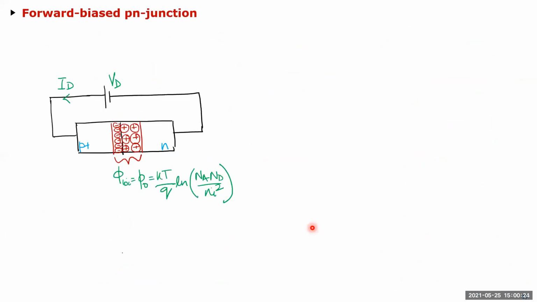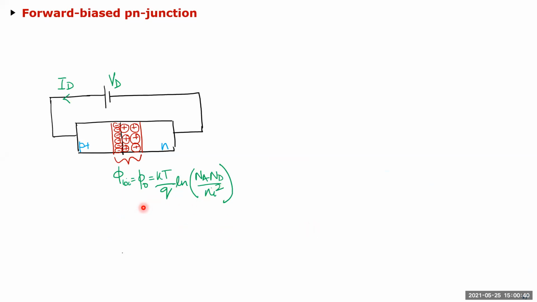Okay, so we're going to quickly look at the forward bias junction and the reverse bias. Forward bias, like as I said, I'm not going to derive the equation, just give you the expression. If you take a P-N junction, you saw the potential.